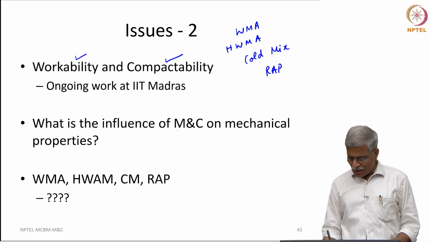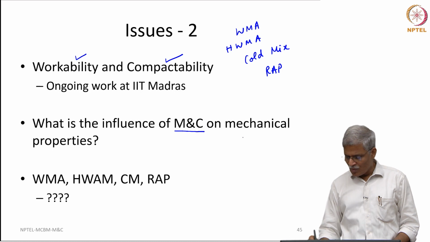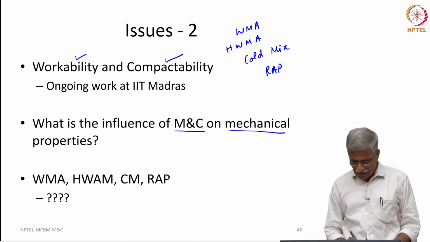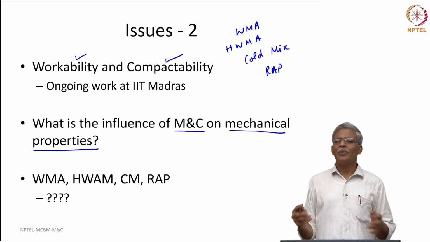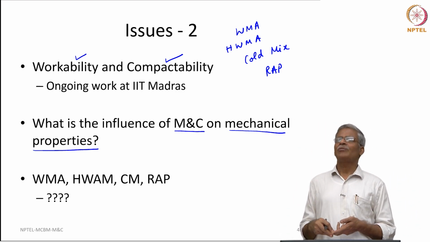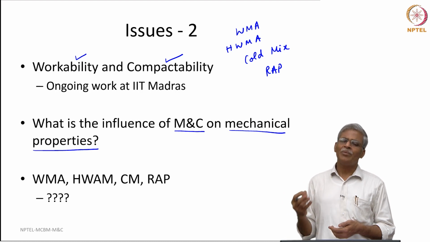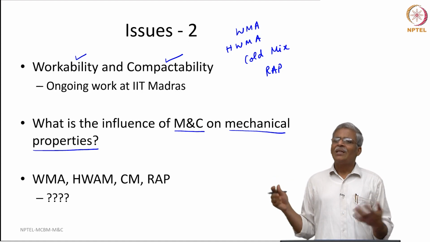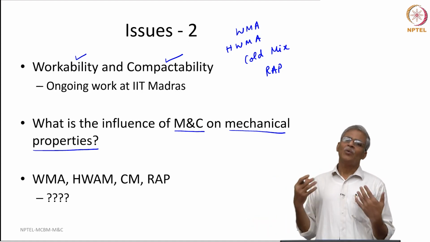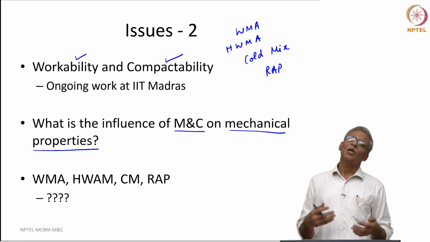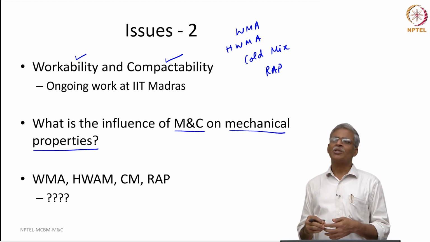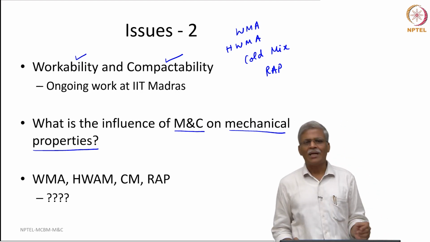And we also need to understand the influence of the mixing and compaction on the mechanical properties. For instance, we spend a lot of money in trying to get a modified binder, but if the mixing and compaction have not really been carried out to the required rigor, whether the beneficial effect that one expects from a modified binder will be transferred to improved mechanical properties of the mixture is debatable.